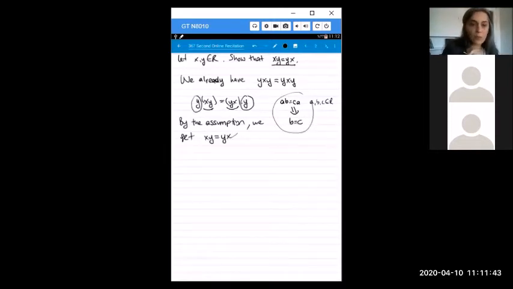And since x and y are arbitrary elements, for all elements in R, we have the commutativity. So we are done.